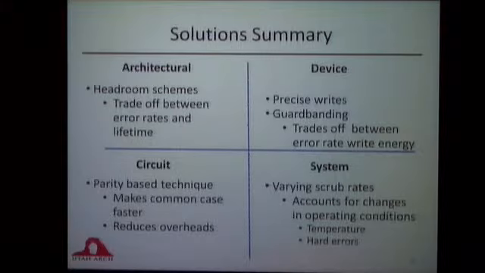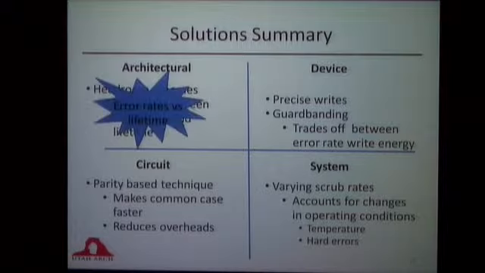So again, to summarize, in this particular work, we propose 4 different kinds of solutions to encounter drift at the architecture, at the device, at the circuit, and at the system level. At the architecture level, we proposed headroom schemes with trade-off error rates with lifetime.